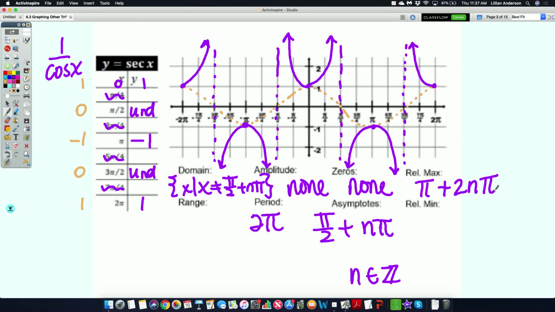What about my relative mins? 0. How far apart are they? 2 pi. So I could just put 2 n pi. I don't have to put the 0. I mean, you could, but you don't have to. And remember, I could have also used 2 pi and said 2 pi plus 2 n pi. I just need one of them.